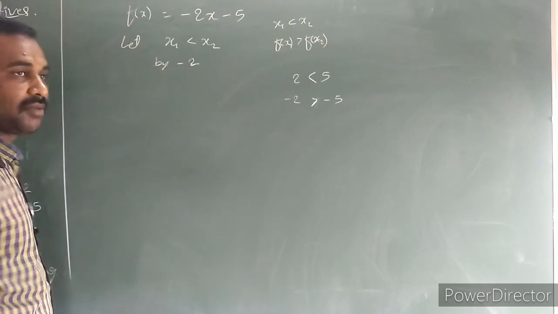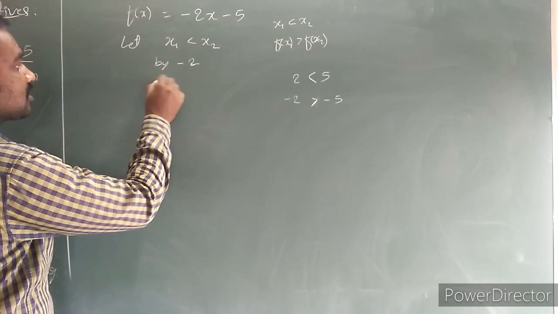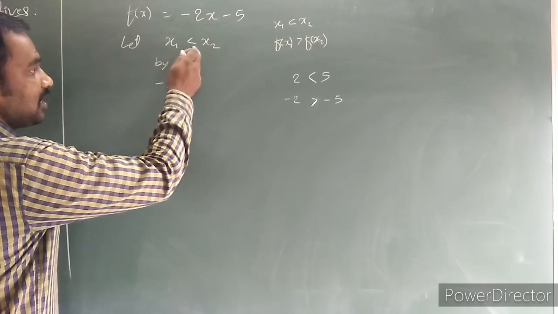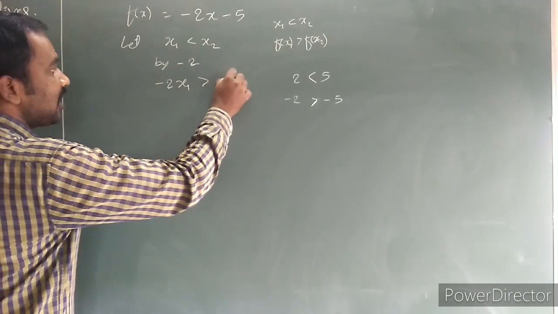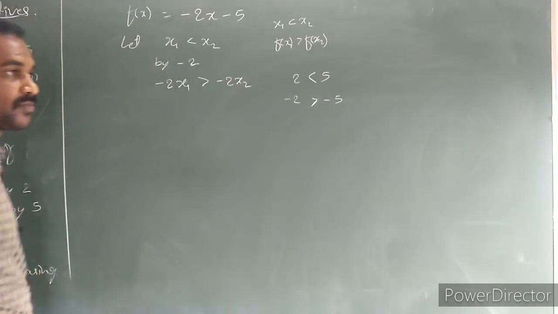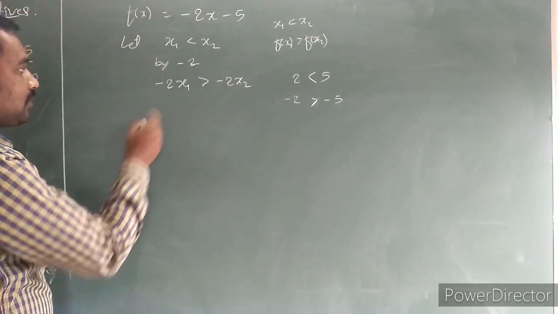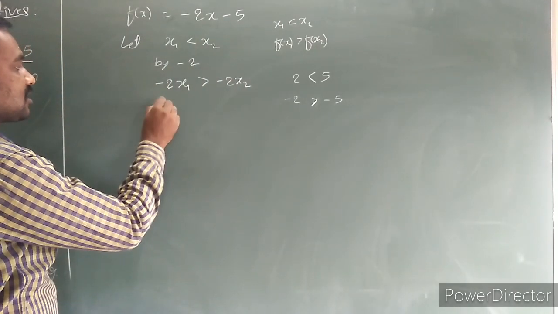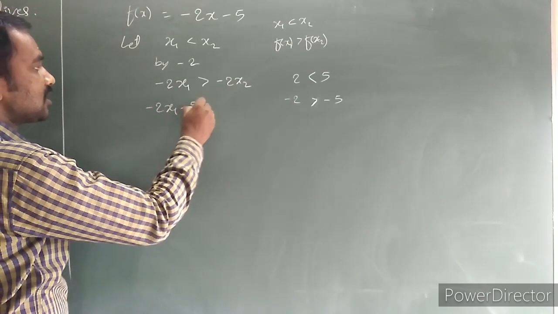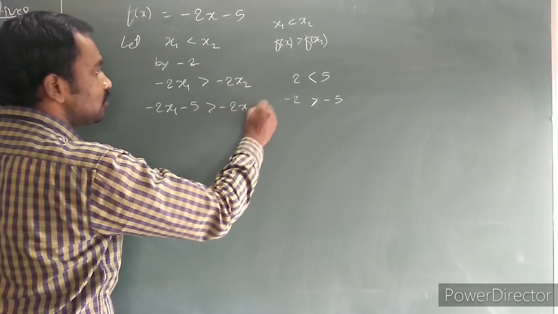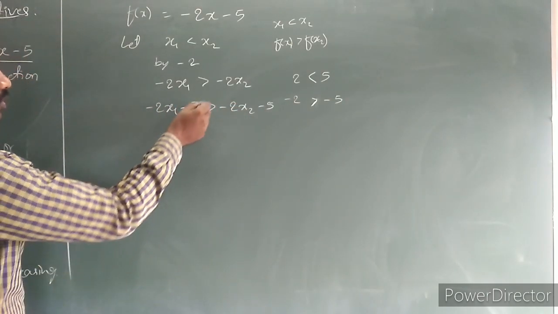Here also, multiplying by minus 2, what happens? Minus 2x1, the inequality is reversed, is greater than minus 2x2. Then subtracting 5, the inequality remains as it is: minus 2x1 minus 5 is greater than minus 2x2 minus 5. What is meant by this?